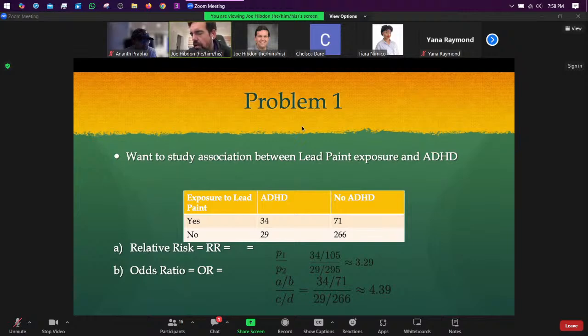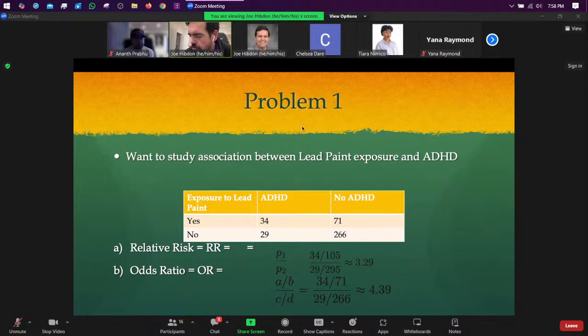The way I avoid those words until I get some statistical testing is to say the relative risk of exposure for those with ADHD.